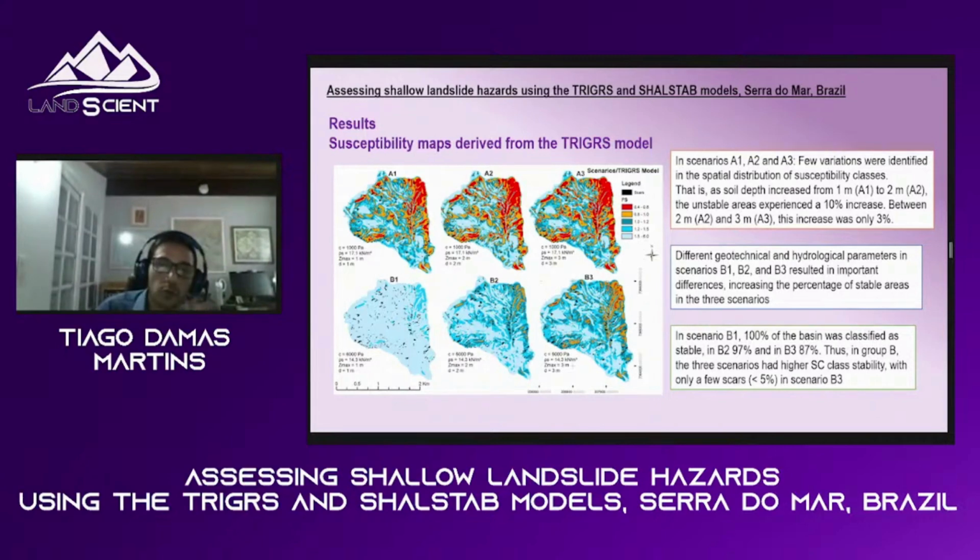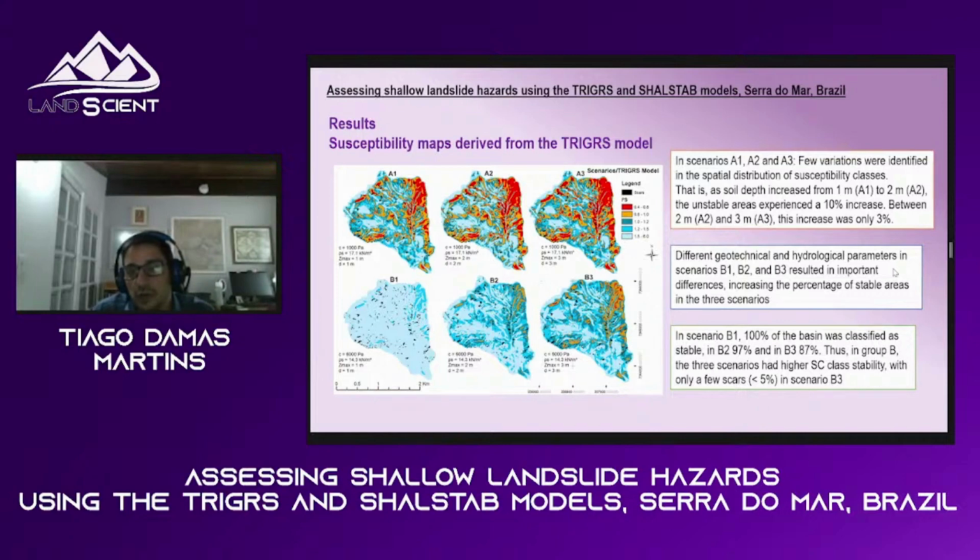But what you are seeing here is that in scenarios A1, A2, and A3, few variations were identified in the spatial distribution of susceptibility classes. That is, as soil depth increased from 1 meter in the first scenario to 2 meters in A3, the unstable areas experienced a 10% increase. Between 2 meters, A2, and 3 meters, A3, the increase was only 3%.